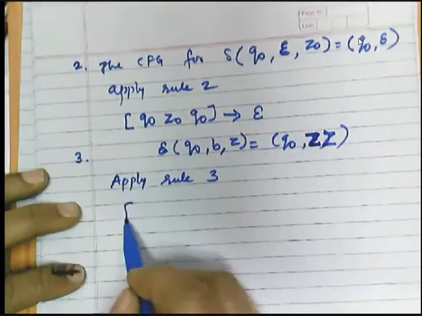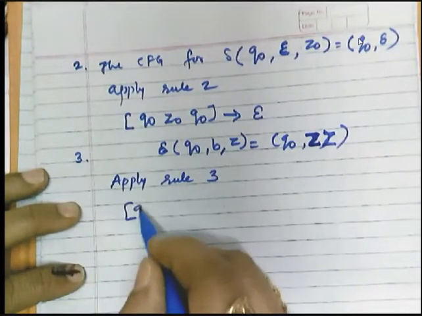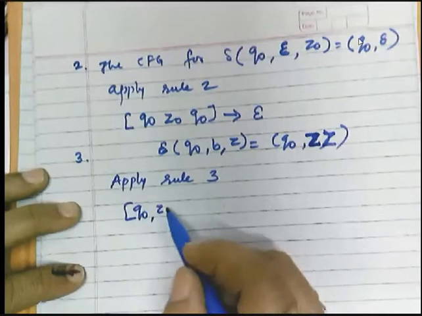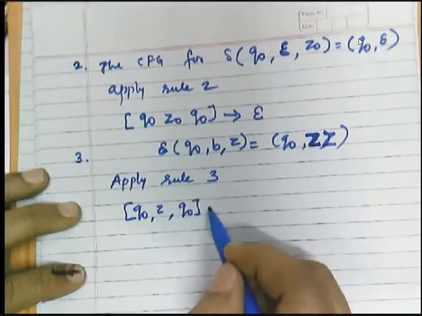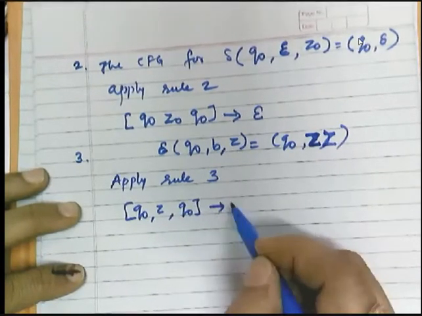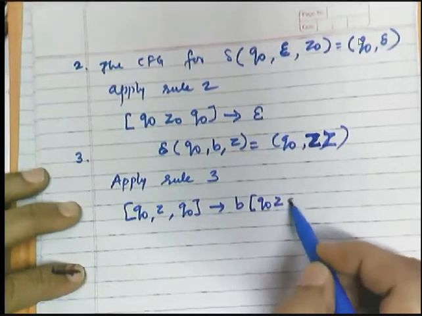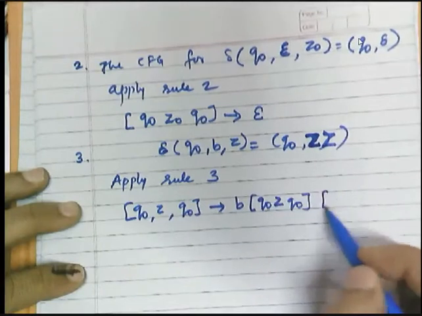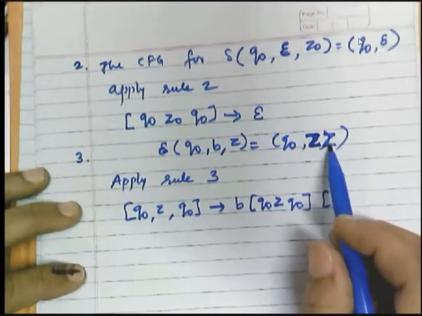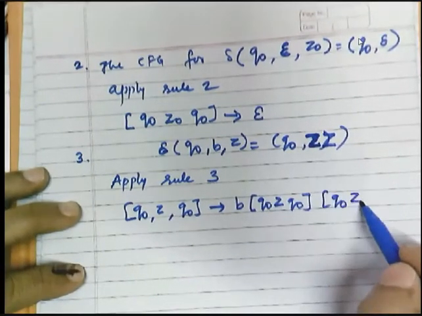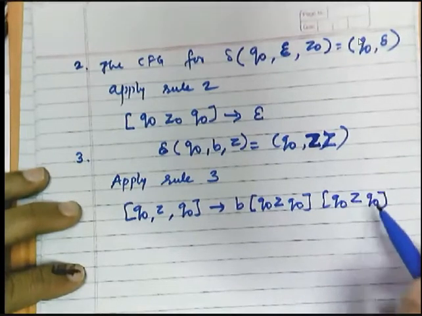I'm just writing without discussion mode so that we can complete it within time. So it will be Q0 Z Q0 produces B, Q0 Z Q0, and Q0. Again there is a Z. So this Z again Q0.